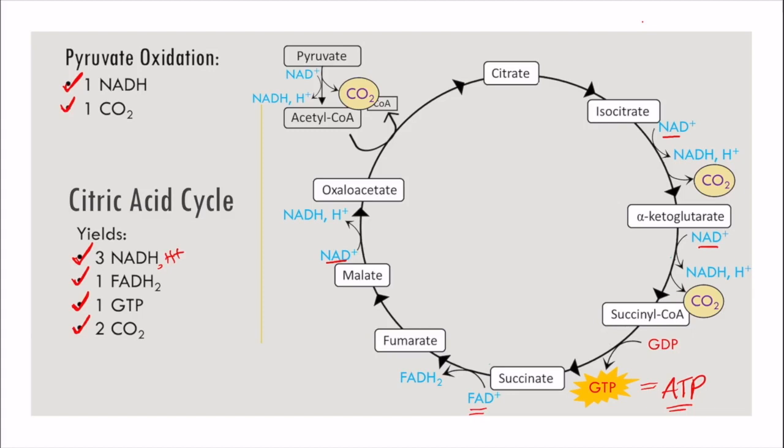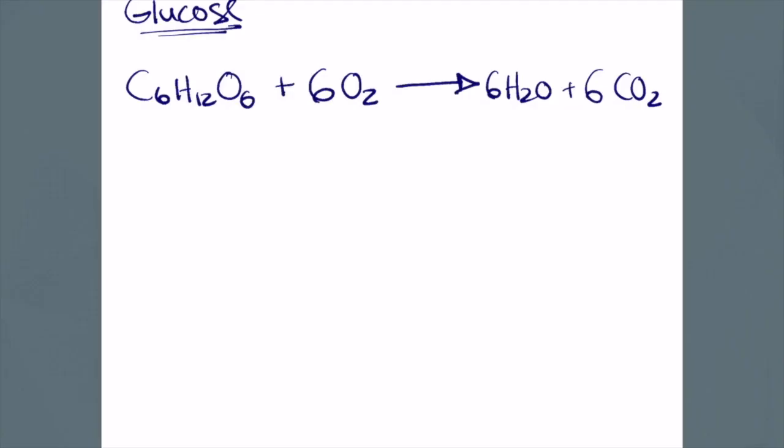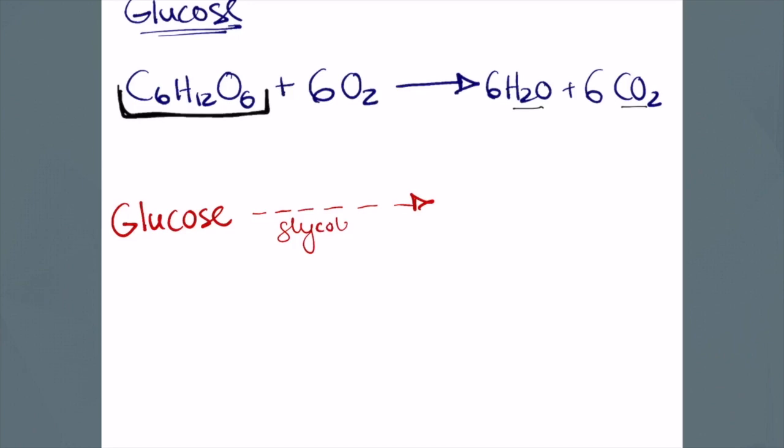Let's go back to that first description of the metabolism of glucose. Do you remember we took some time to write this out? And we said that when you start with a glucose molecule and it goes through complete combustion, it ends up becoming water and carbon dioxide. So we know so far that if we take a glucose molecule and send it through glycolysis, so this dotted line is glycolysis, we end up with how many pyruvate?